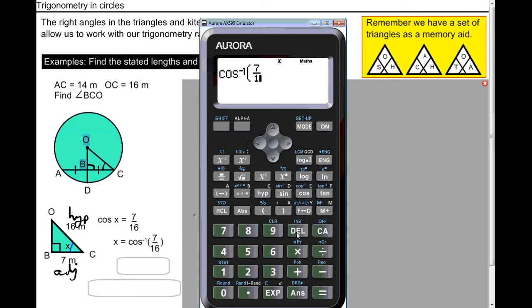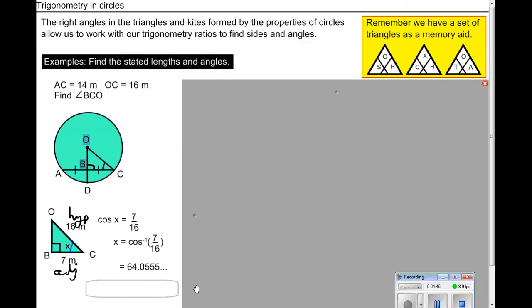It's also worth remembering, if you've got a calculator that doesn't have the fraction button, typing in as a division will also work. So I'll just write down a little statement. The angle BCO is 64.1 degrees.